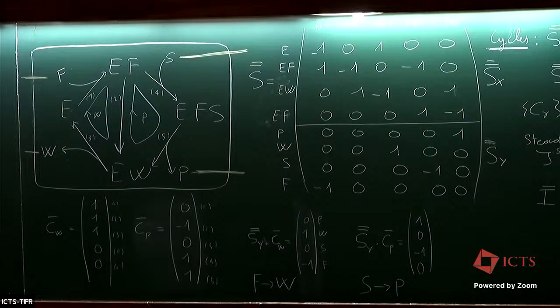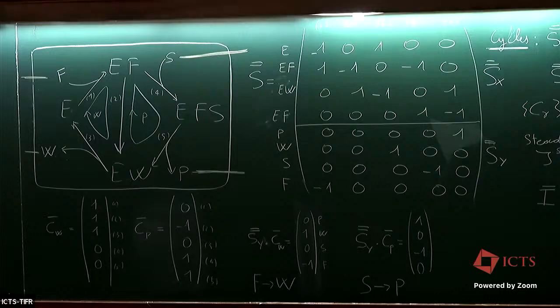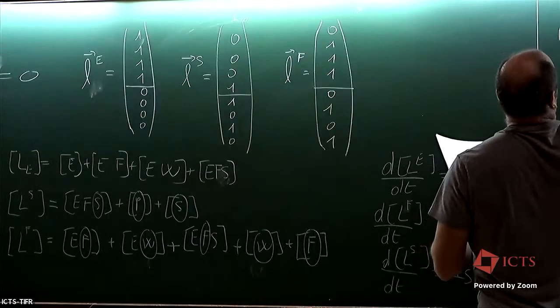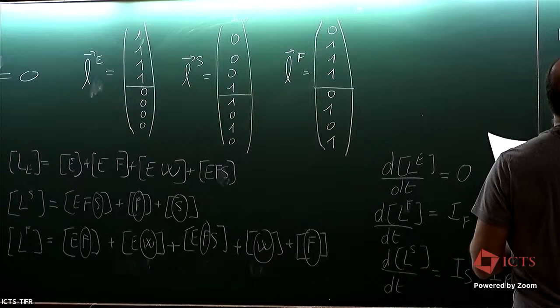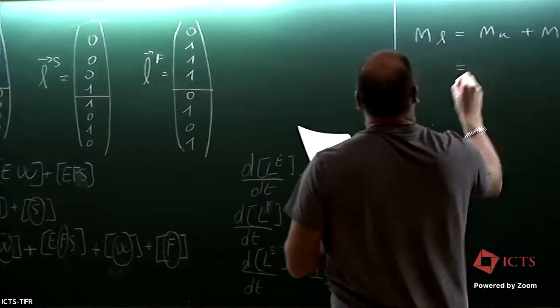I will combine, not for nothing, I wrote this here: that the number of emergent cycles is the rank of S minus the rank of SX. And here, by definition, the number of conservation laws is the number of unbroken conservation laws plus the number of broken conservation laws.